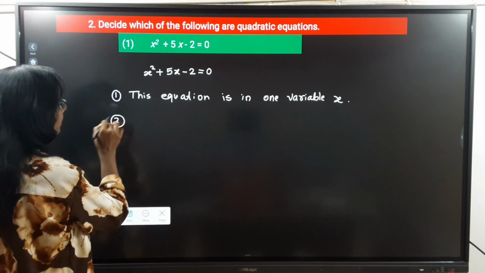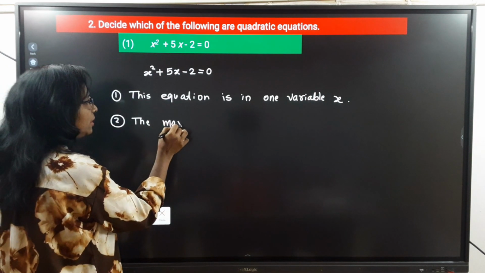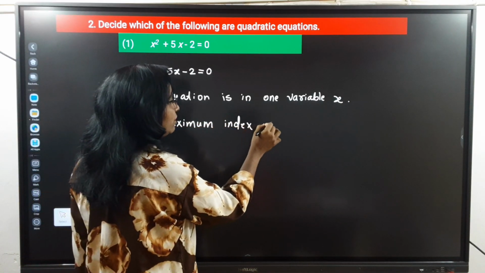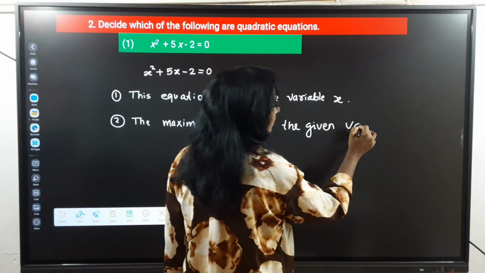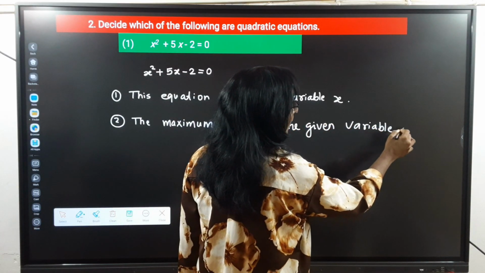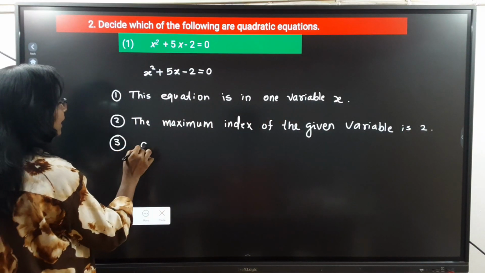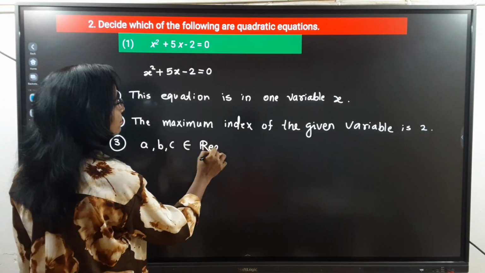The second condition is that the maximum index of the given variable is 2. Then the third condition, a, b, c belong to real numbers.